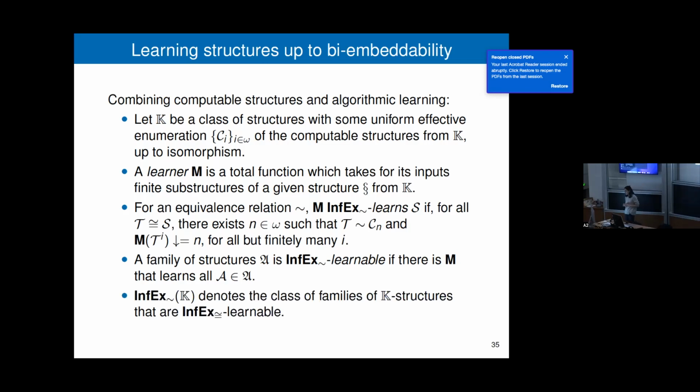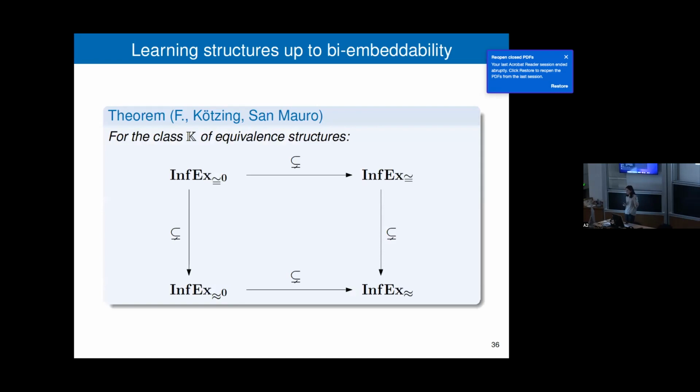Together with Timo Kötzing and Luca San Mauro, we looked at learnable equivalence structures up to bi-embeddability and up to isomorphism. This is the picture that we got, and also effective versions of those two relations.